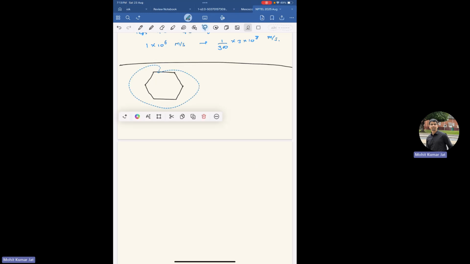Similarly, you can have another here, and another like this, and at each corner of this your carbon is sitting. One carbon is sitting here, one here, one here. This is a triangular lattice.